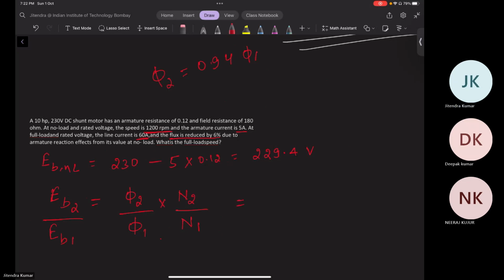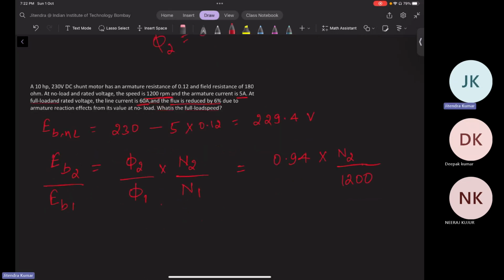It is nothing but 0.94 into N2 by N1. N2 we don't know, N1 we know as 1200 RPM. EB2 we don't know. According to this condition, EB1 we know as 229.4.